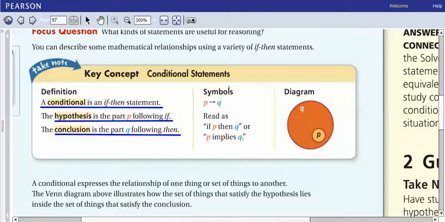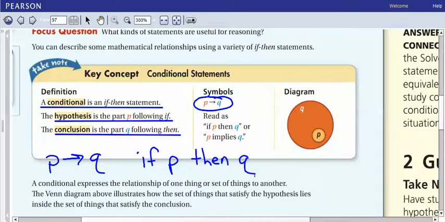This symbol right here, you read that as if P, then Q. This symbol is read if P, then Q. And in your Venn diagram over here, here's your hypothesis.